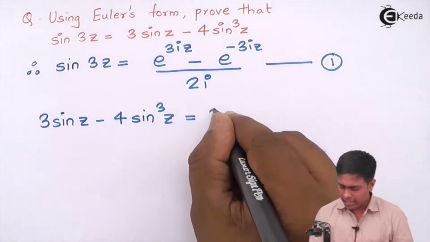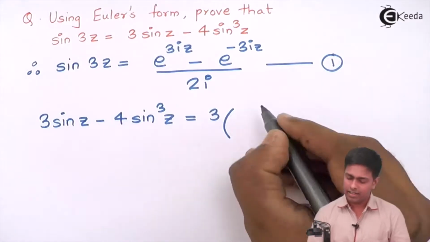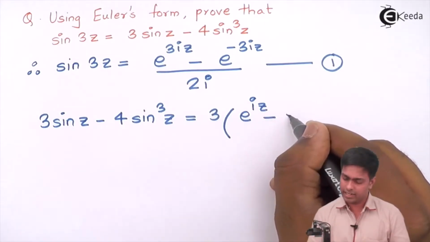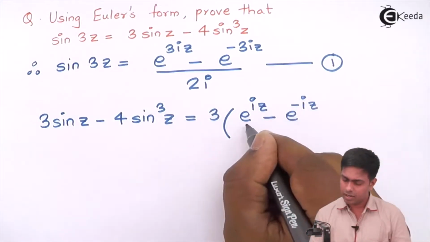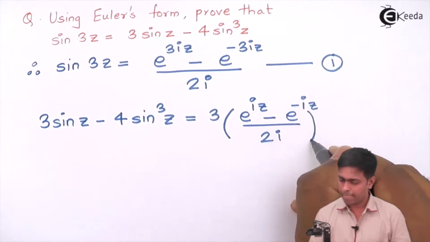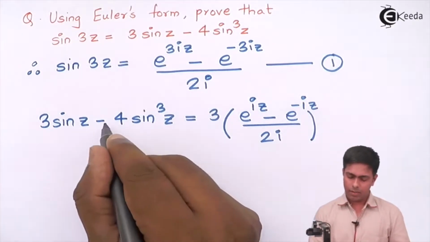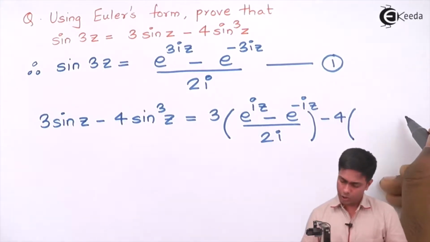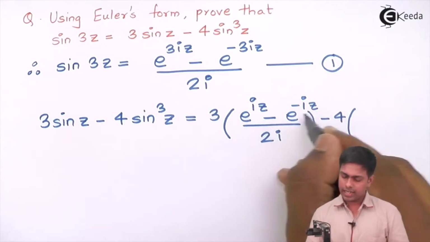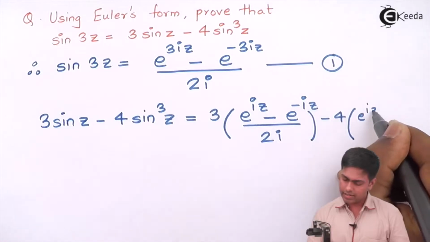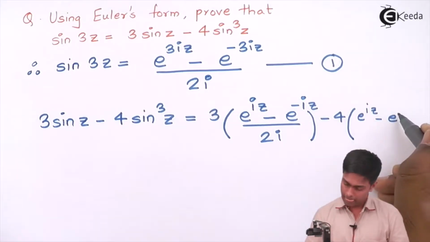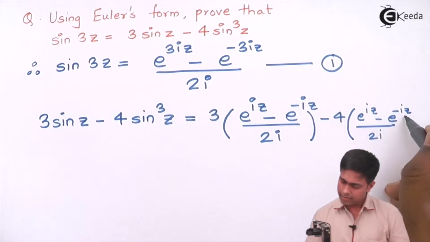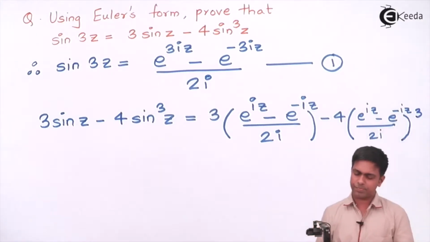So let's start. 3 as it is, sine z is e raised to iz minus e to the power minus iz upon 2i. Next, minus 4 as it is, then sine cube z, with the same formula, that is e raised to iz minus e to the power minus iz upon 2i, this bracket cubed.